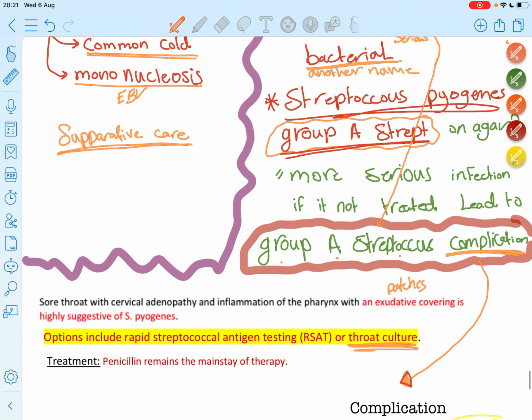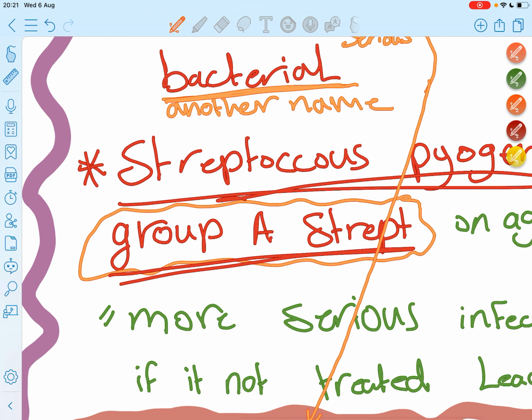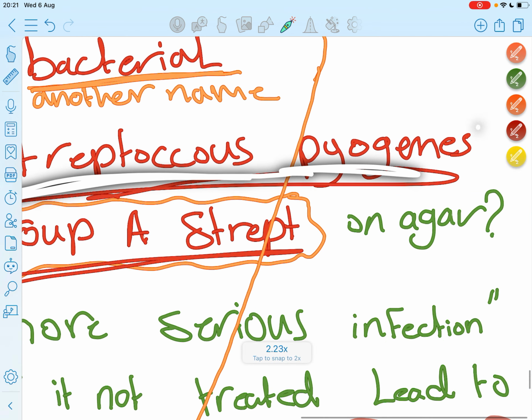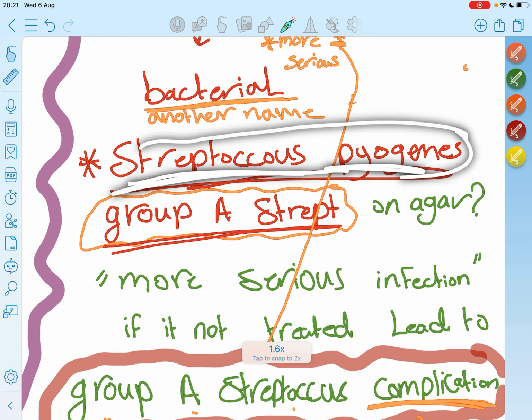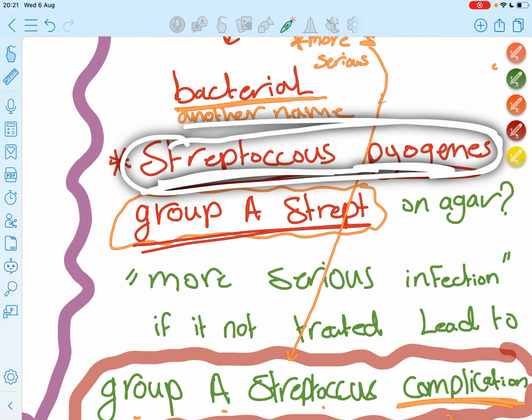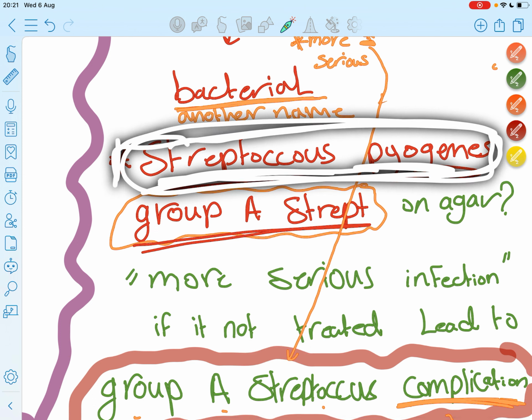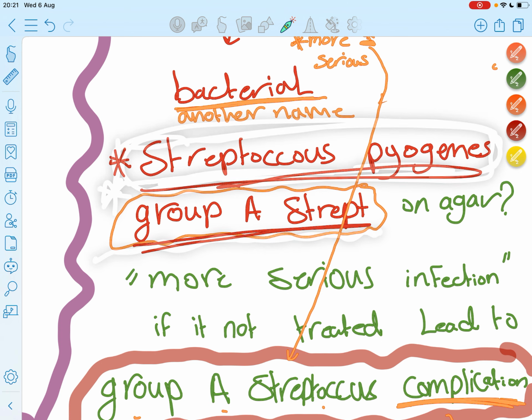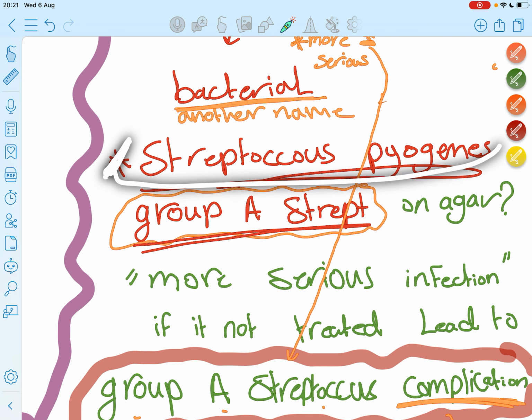But first, let's recognize the pathogen that causes bacterial pharyngitis. It's called Streptococcus pyogenes, or we could call it Group A Strepto. So it has 2 names: Streptococcus pyogenes or Group A Strepto.